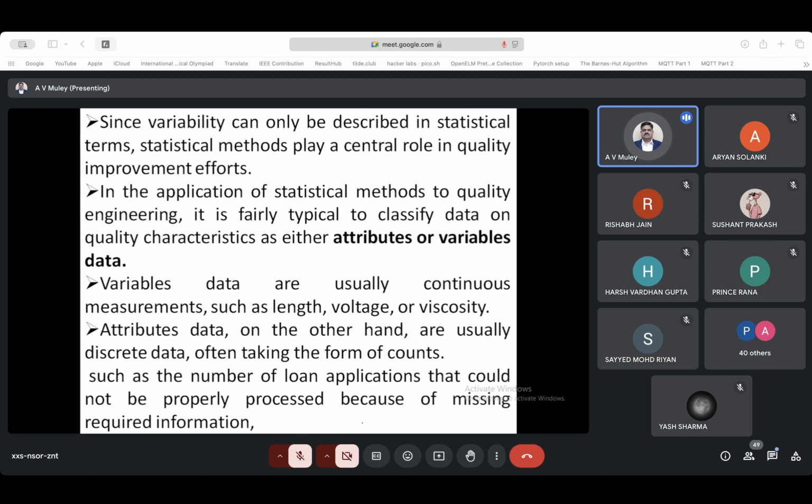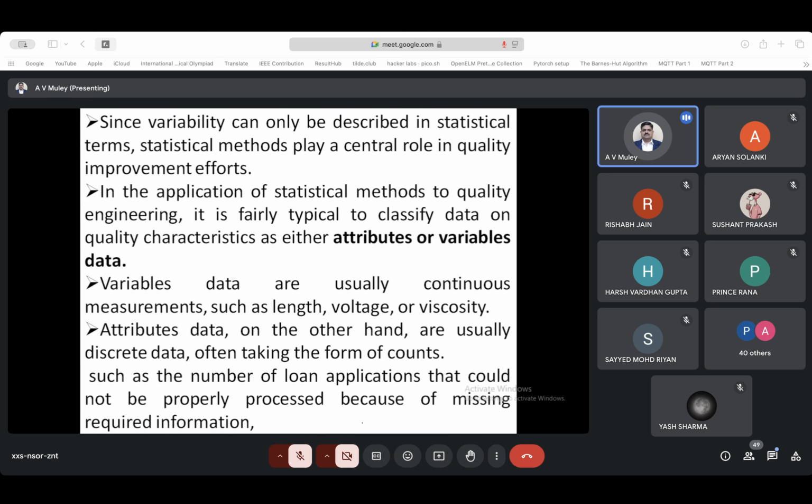In the application of statistical methods to quality engineering, it is fairly typical to classify the data on quality characteristics as attribute or variable. So there are two types of data used for controlling quality. Attribute means we decide whether to accept or reject based on certain criteria, so go, no-go gauges are specifically useful in such cases.